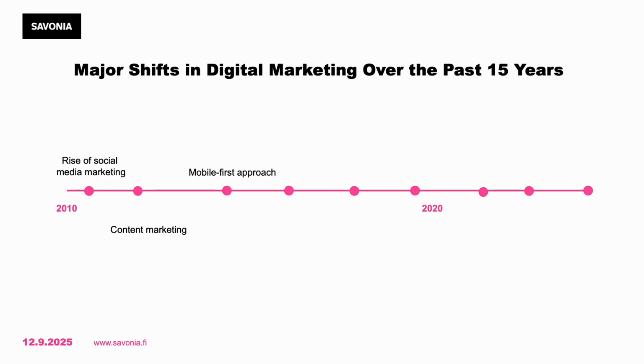And even though, at least to me, sometimes it feels like digital marketing has been here forever, it really has not been that long. It has been for the last 15 years.